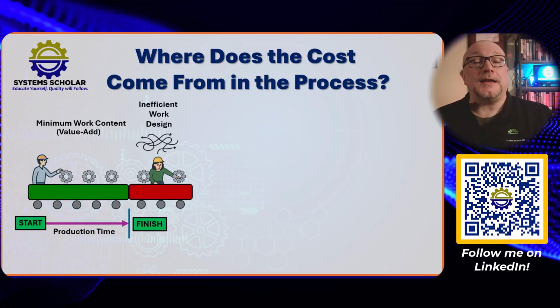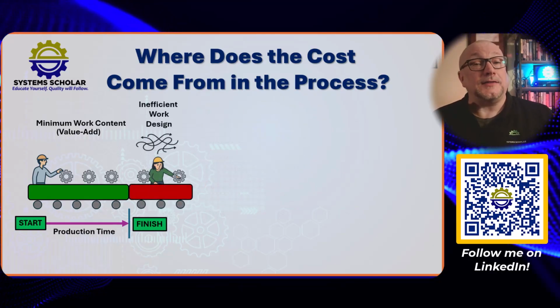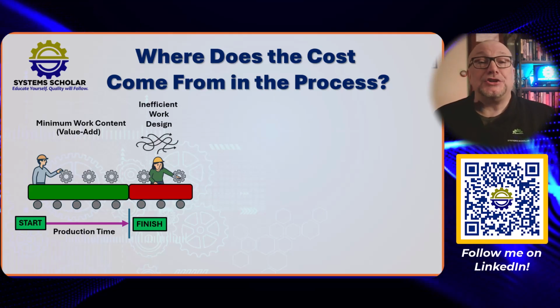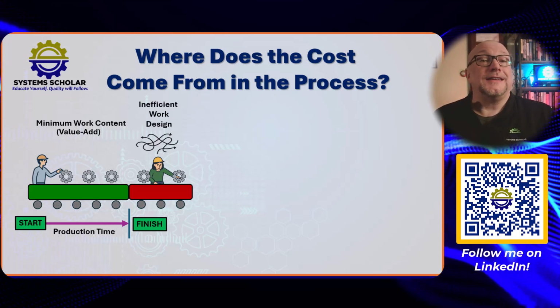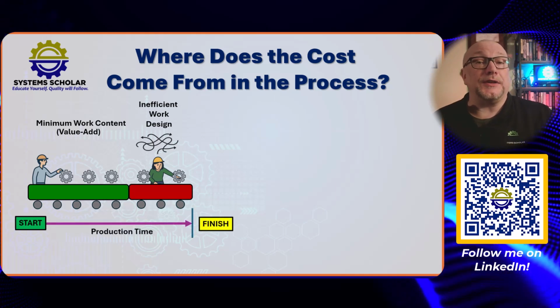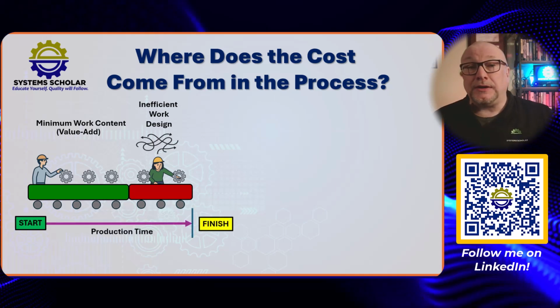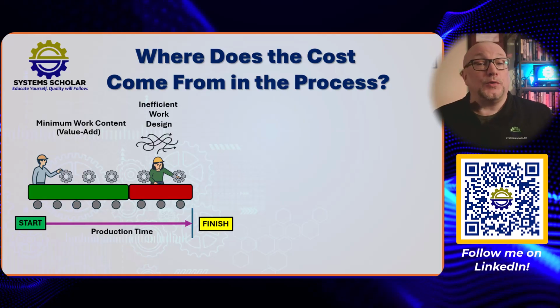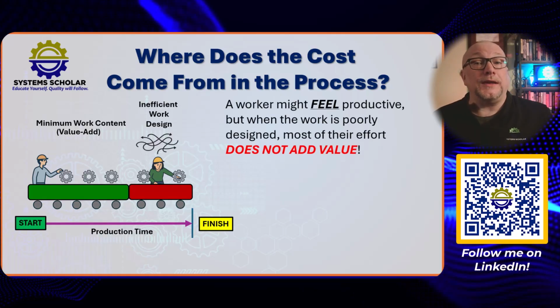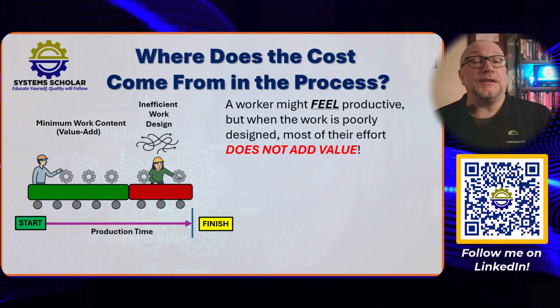The first non-value add that can sneak in is inefficient work design. In addition to minimum work content, this only serves to slow things down and increase production time. It's tricky because from the worker's point of view, they may feel productive when the work is poorly designed because they're moving constantly. They feel busy because in reality they are.